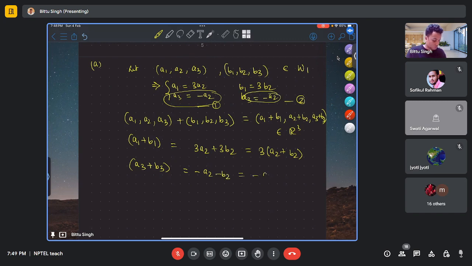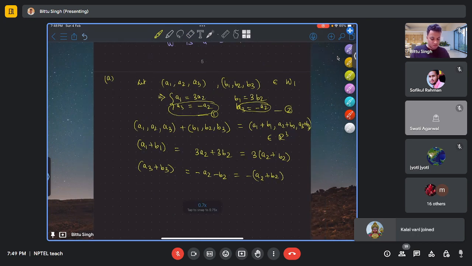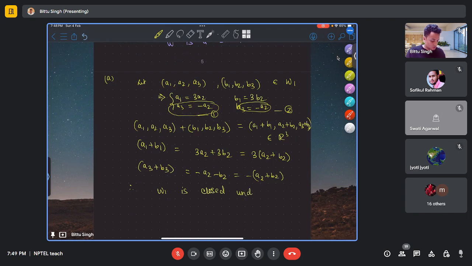So this will give minus A2 plus B2. Hence, it is closed under addition. Therefore, W1 is closed under addition.